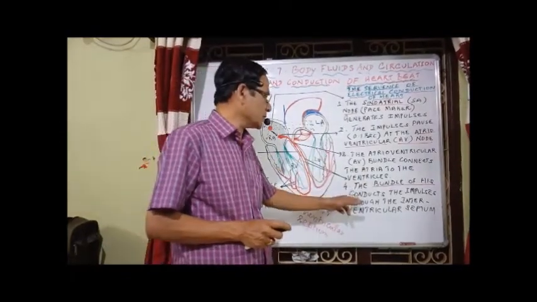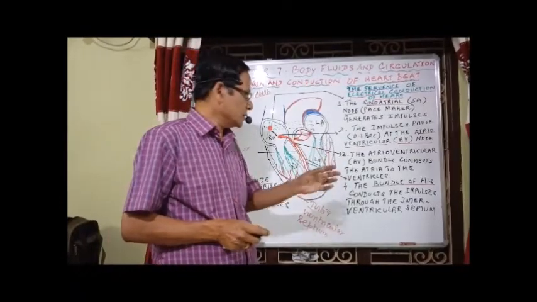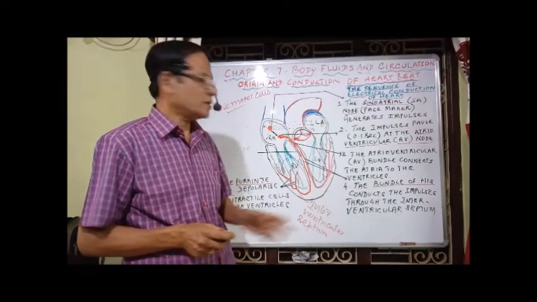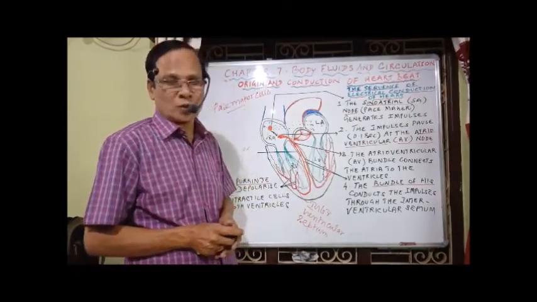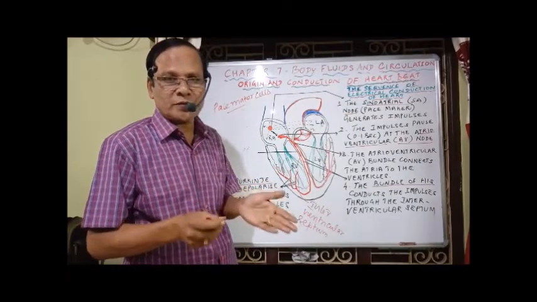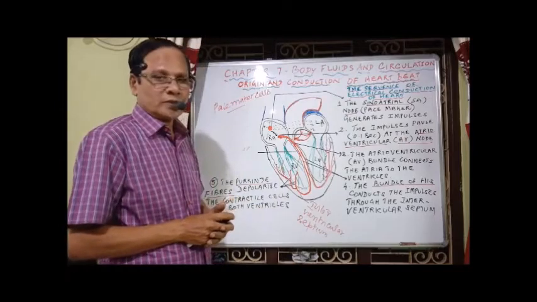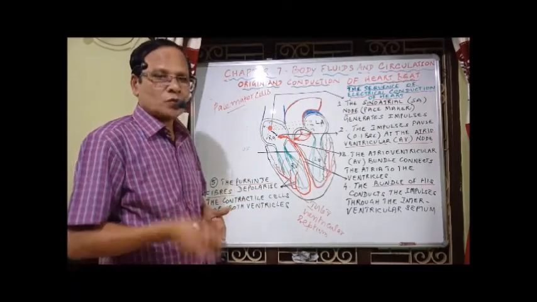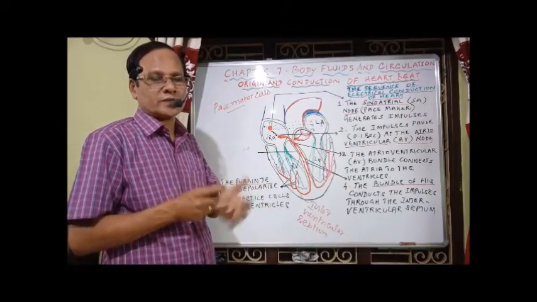Then the bundle of His, the two branches arising from the atrioventricular bundle, conducts the impulses through the interventricular septum. They are not passing through the wall of the ventricle, only the septal wall, the septum between the two ventricles. It ultimately divides into branches. These branches depolarize the cardiac cells of both the ventricles, and that results in the contraction.